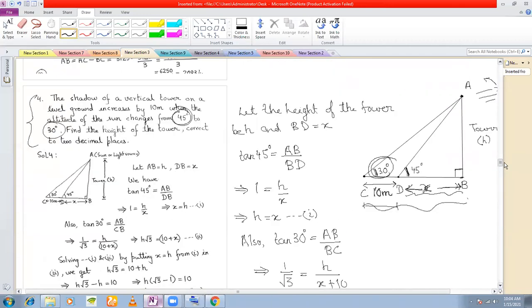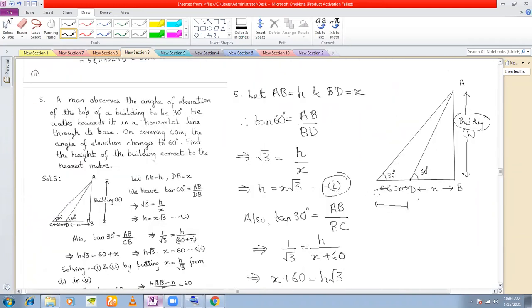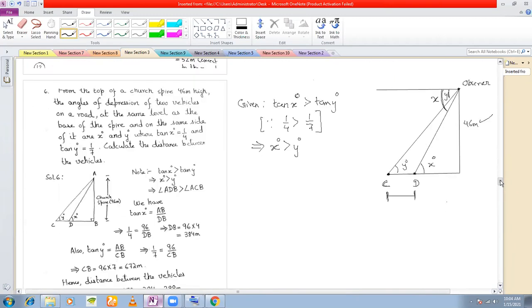But if you see the difference between these two problems that I had done earlier, this length was given and we were finding out the height of the tower. Okay, here also, this length was given and we were finding out the height of the building. But here, the difference is that the height of the building, or the height of the church spire, whatever, is given. Here we need to find out this distance. Okay, so let's see how we proceed to find out this distance.